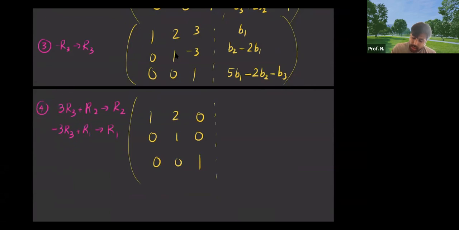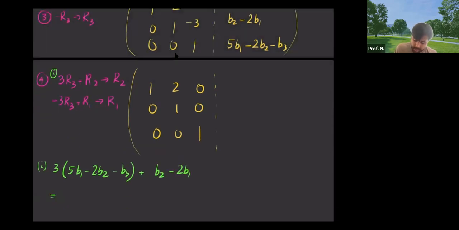But now this is where things get a little fun. So I have to multiply. I'm going to do this first, okay? So what does that look like? It looks like 3R3. So I'm going to multiply 3 by 5b1 minus 2b2 minus b3, and add that to R2, which is b2 minus 2b1. This equals 15b1 minus 6b2 minus 3b3 plus b2 minus 2b1.